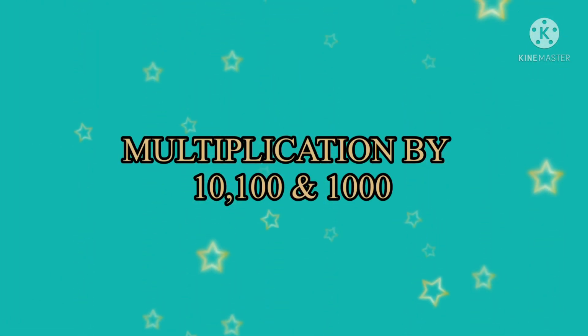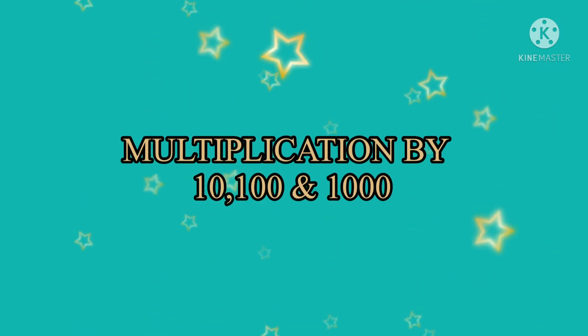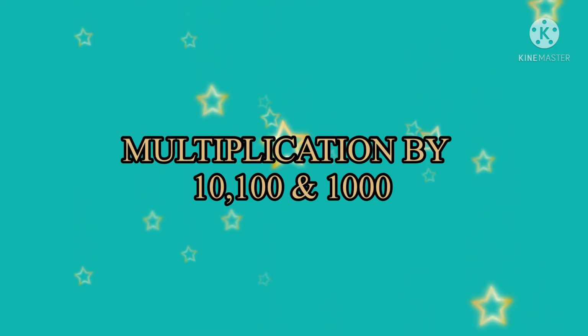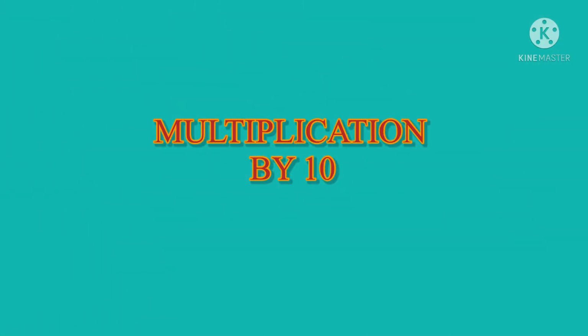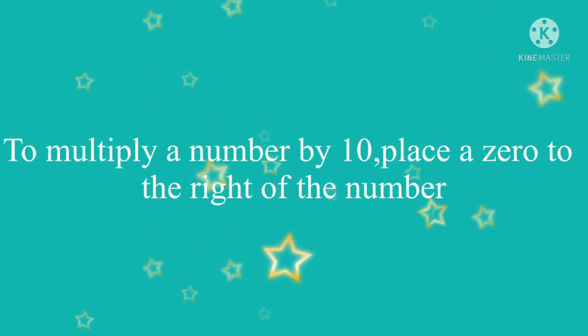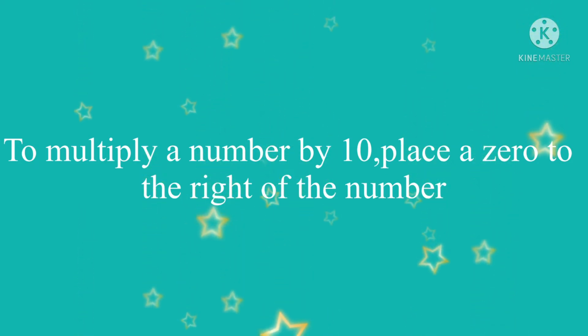Multiplication by 10, 100 and 1000. Children, you have already learned the multiplication of 10 and 100 in class 3, isn't it? So now let us revise the multiplication of numbers by 10 and 100. Multiplication by 10. To multiply a number by 10, put 1 0 to the right of the number.